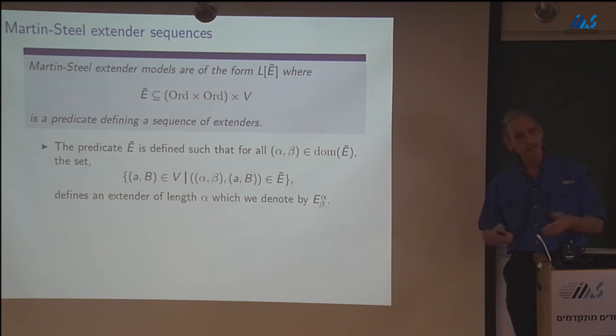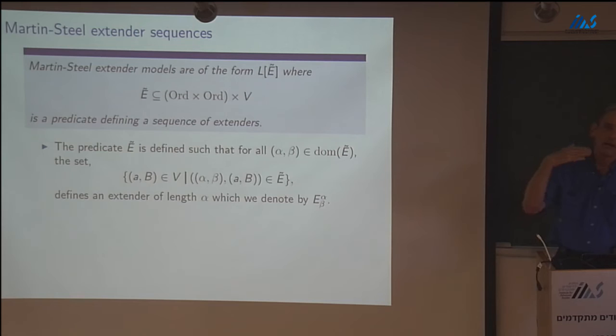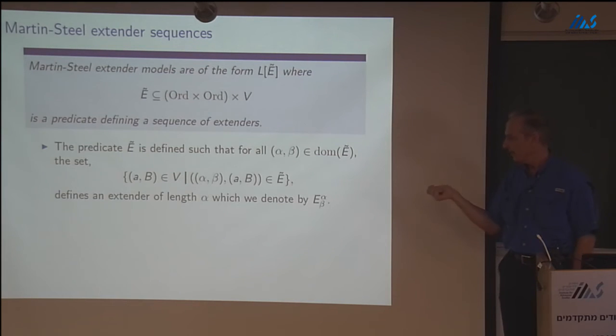So the way to think of this is it's a double induction, or a doubly indexed family of extenders. The upper index is the length of the extender, and the lower index is where in the sequence of extenders of length alpha you are.